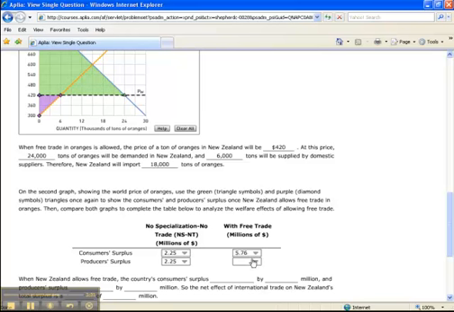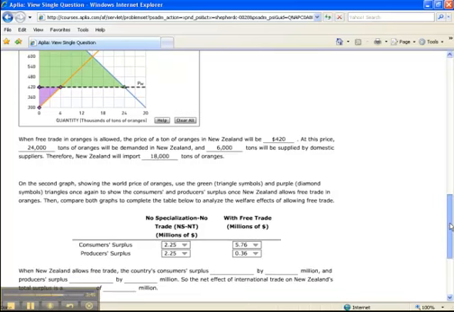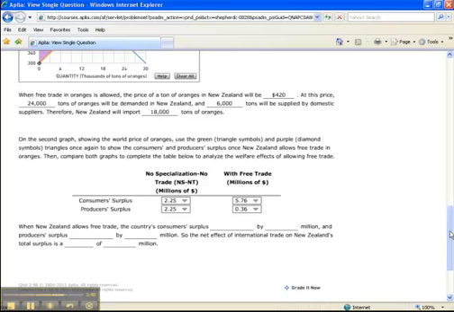And then the purple shaded area, again, you move your decimal place three places to the left, and that's going to be $0.36 million with free trade.